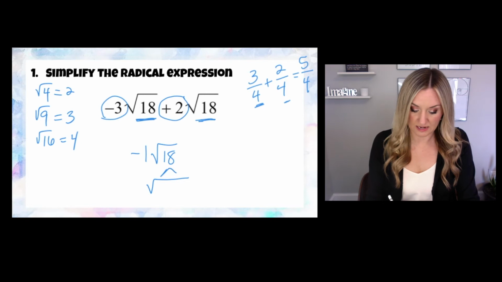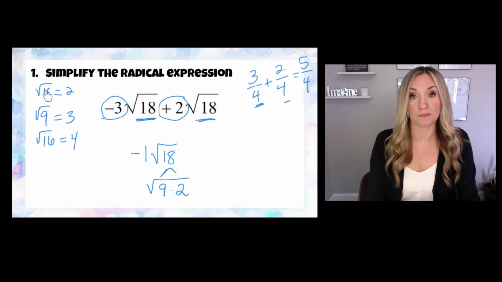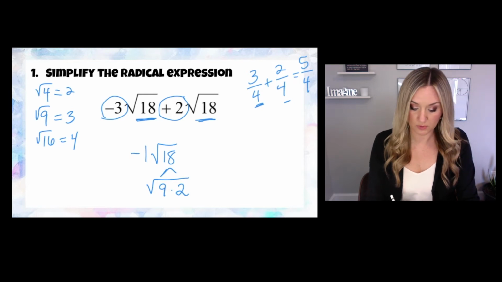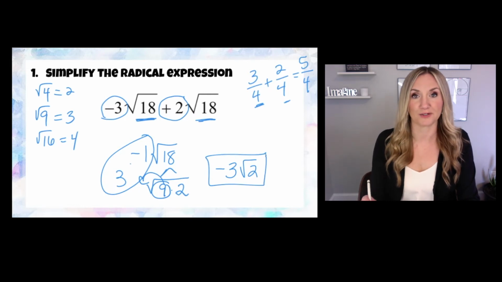I know that 9 times 2 is 18, and 9 is on our perfect list. Remember, when we're simplifying radicals, we can only use the numbers on the perfect list. So the square root of 9 is 3, and 3 times negative 1 is going to give us negative 3 root 2, and that is our final answer.